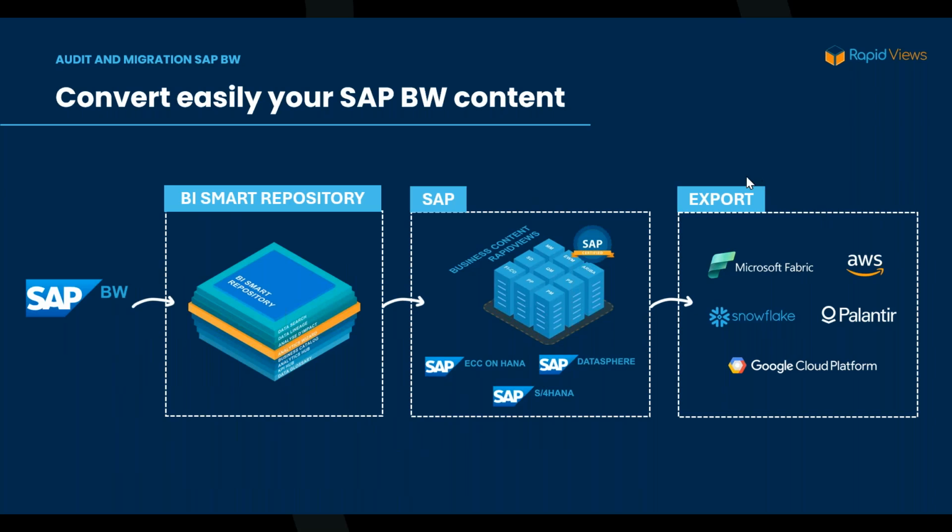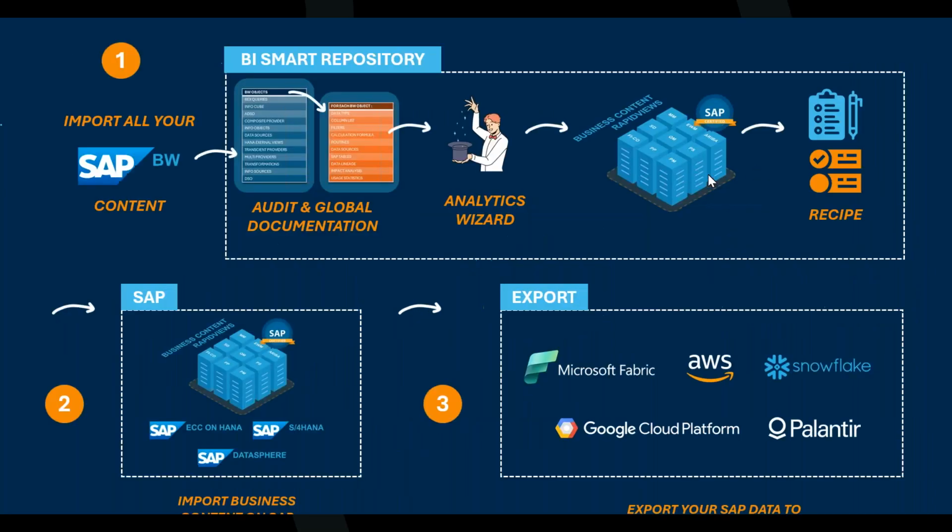Okay, a more detailed view. You import all your content. Thanks to the BI Smart repository, you have an audit and global documentation of your content. And thanks to new features we will show you after, the analytics wizard, you can convert every BW object into the new world thanks to business content and have a recipe, because it's not magical.